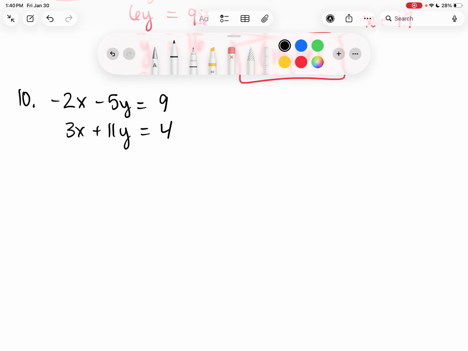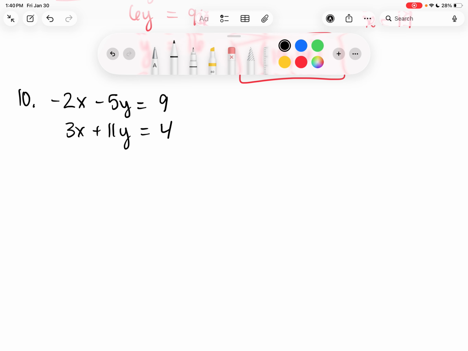Can I do anything to the first equation to multiply it to make it look like the second equation, or vice versa? Nope. So we want to look for something that's in common that we can use then. You can multiply the top one by 3 and the bottom one by 2, so you both have 6. Yep, so we're going to have to do both of them in this case.